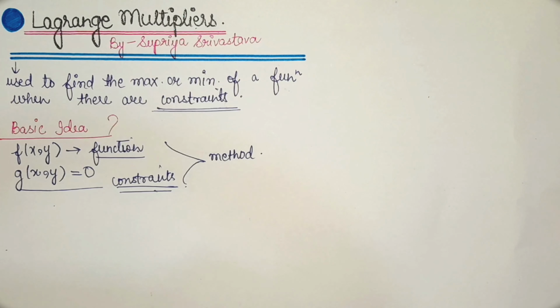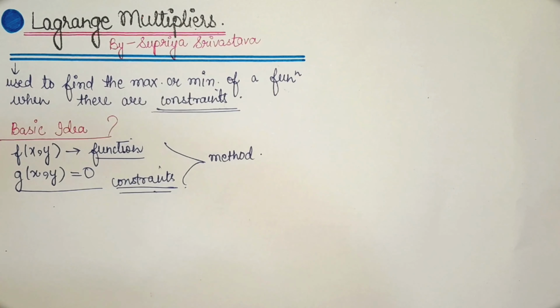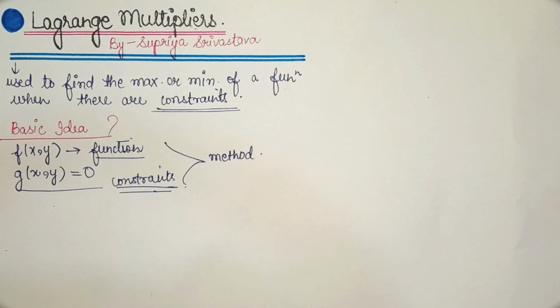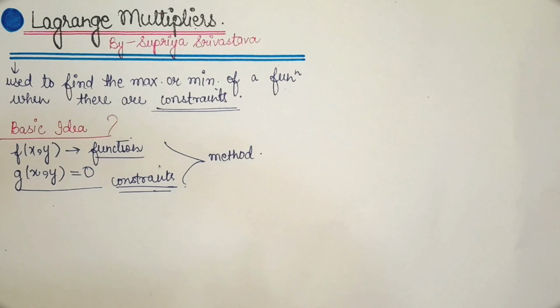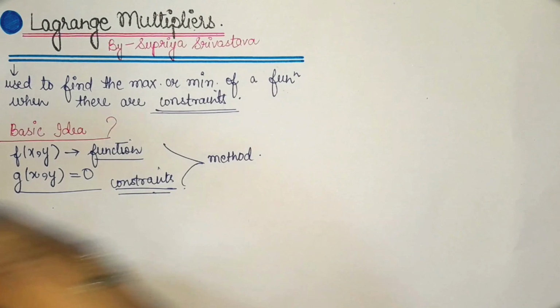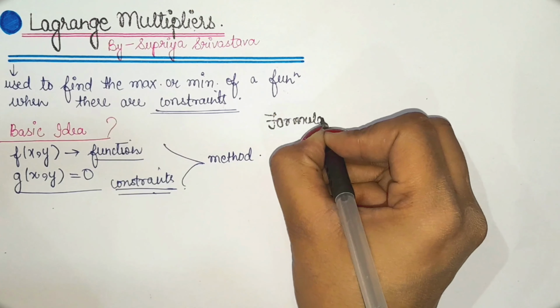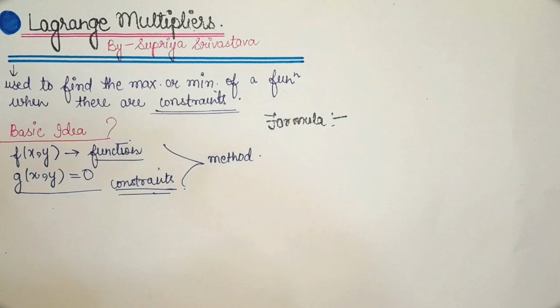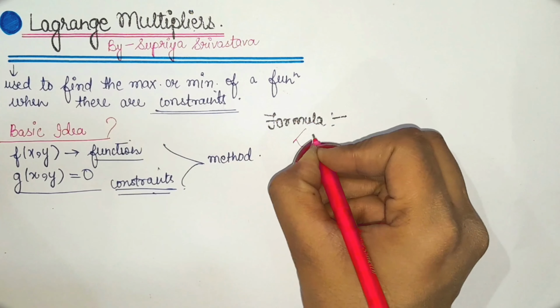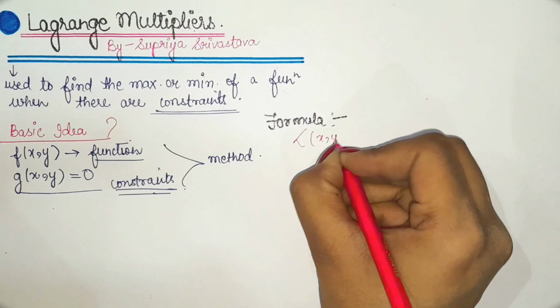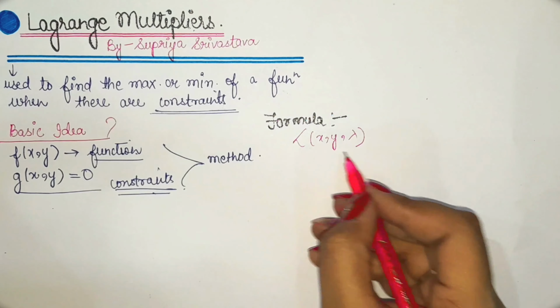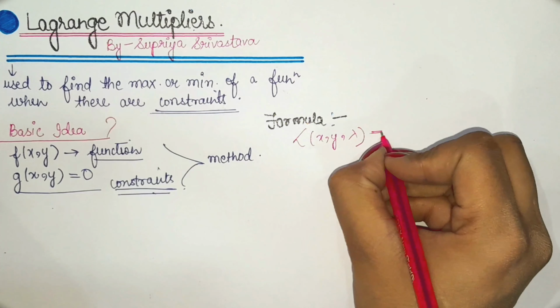Now basically there is a formula for this, right. Whenever I want to find the optimal solution for the function, I have a defined formula. What is the formula for it? Simply, the formula is defined as L of x comma y comma lambda. What lambda is here, I'll explain briefly.